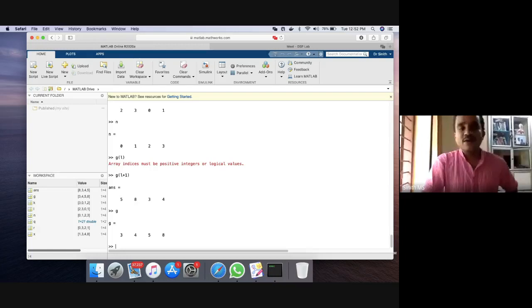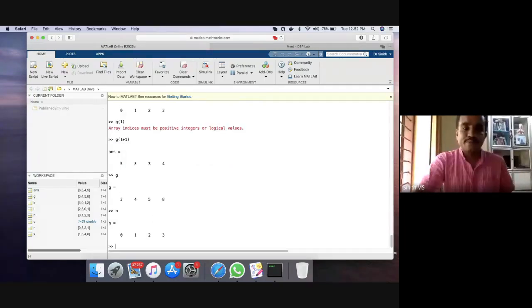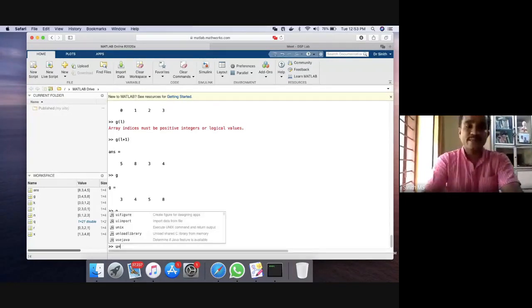And for finding circular convolution, or finding DFT using circular convolution, you require circular time reversal also. How do you do circular time reversal? You have n as 0, 1, 2, 3. Suppose you take another variable u and give it as minus n.